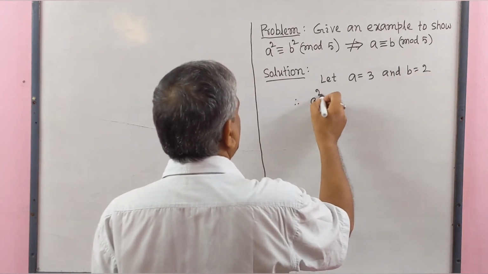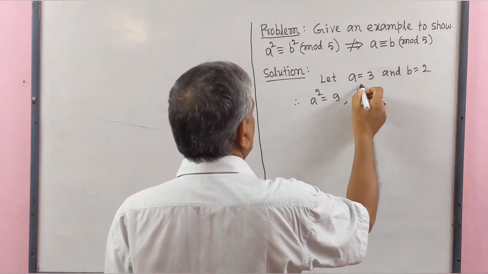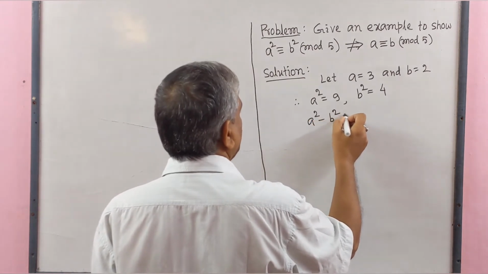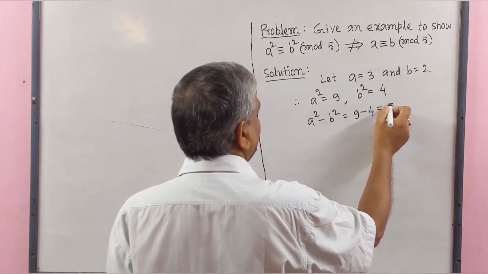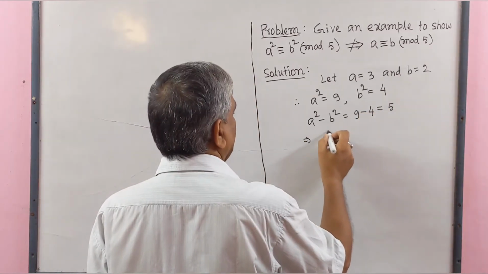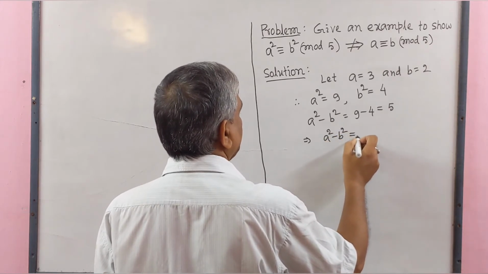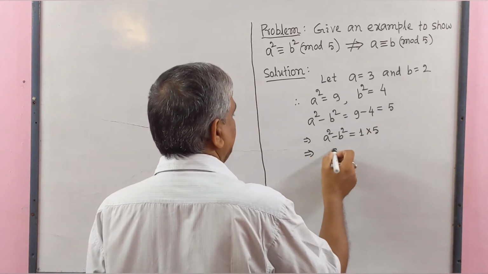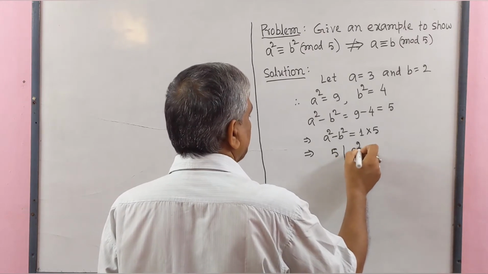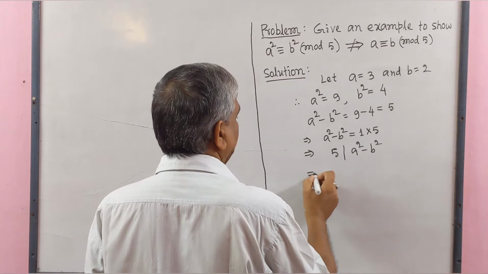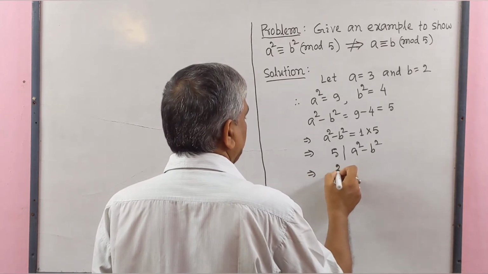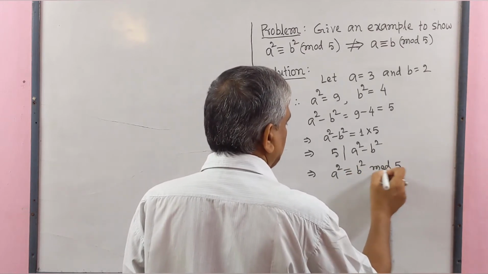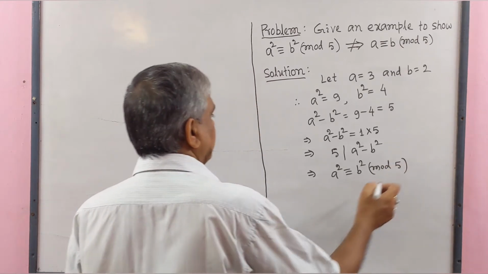Therefore, a square equal to 9, b square equal to 4, a square minus b square equal to 9 minus 4 equal to 5, which implies that a square minus b square equal to 1 multiply 5, which implies that 5 divides a square minus b square, which implies that a square is congruent to b square modulo 5. This is number 1.